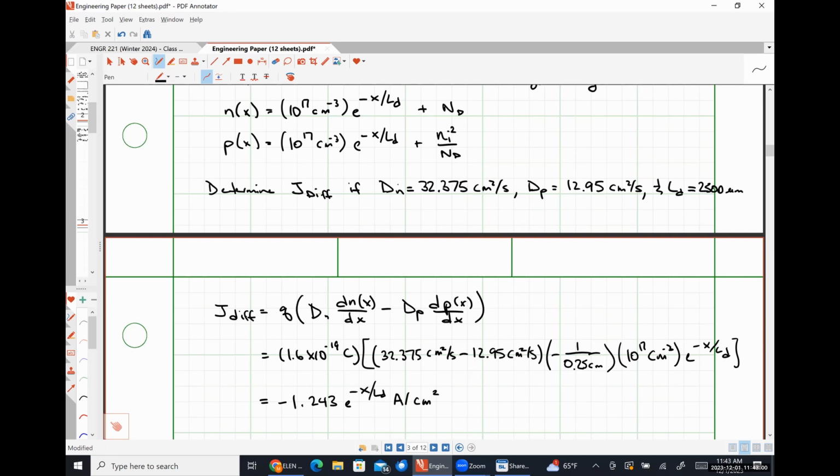So I'm just trying to prime the pump, so to speak, about thinking about what these negative signs mean in a physical context. All right.